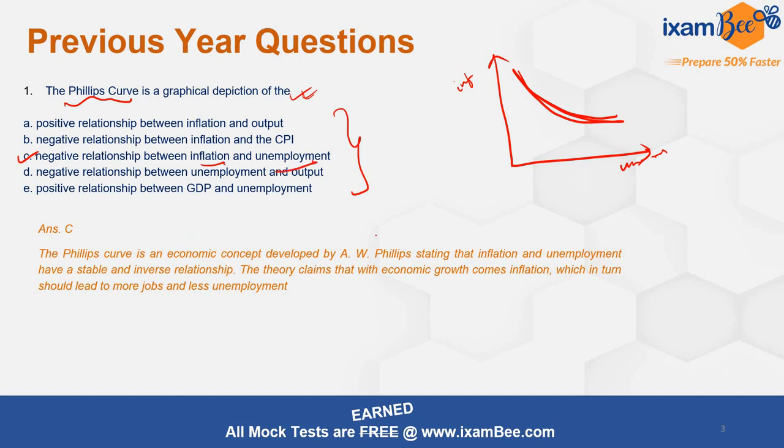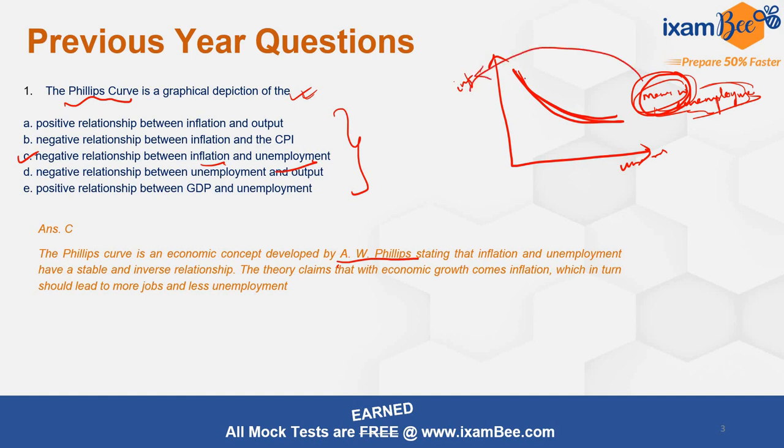This particular concept was given by A.W. Phillips, and he took the data on money wages and unemployment, and that's how he worked on the Phillips curve concept. He found out that there was a negative relationship between money wages and unemployment, and then he tried to show this through the inflation rate.